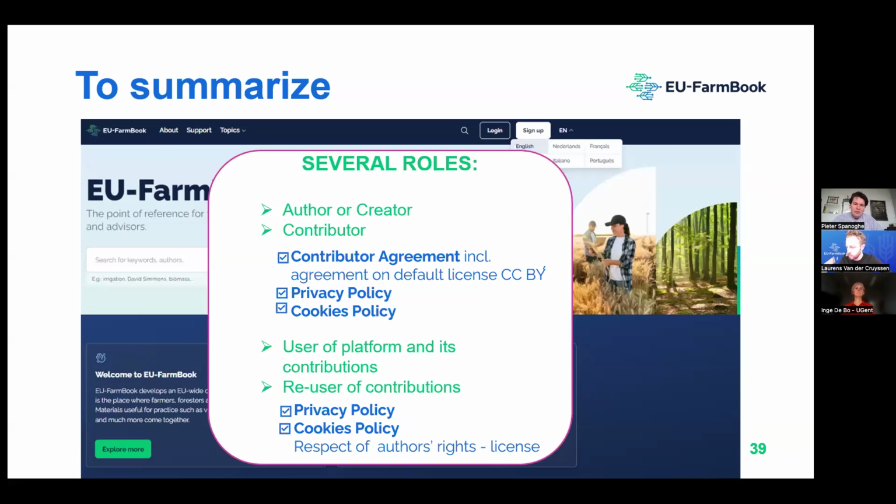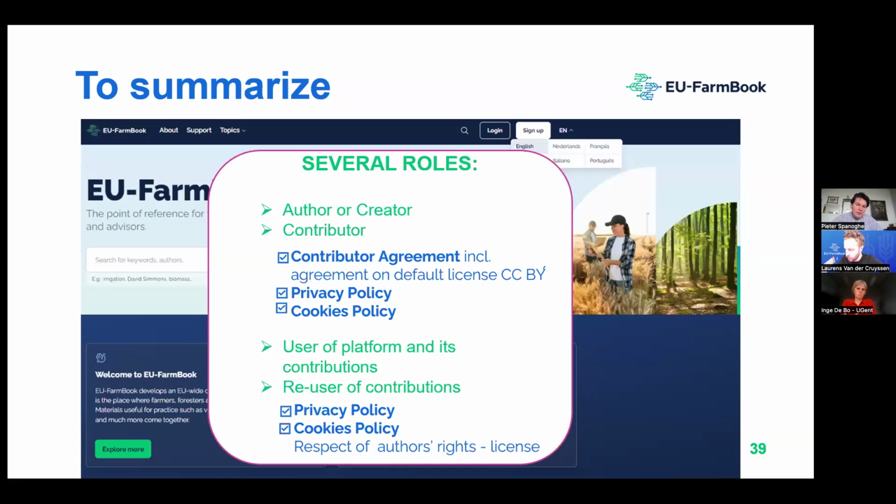In that agreement, then it's normal, the default license. If you have something else, then it will be another type of license. But you also need to agree with the privacy policy, the GDPR, and the cookies policy. Then if you say, I will not interfere with the platform, I only want to look at what is inside the platform, then you are a user of the platform, and everything is visible and accessible.